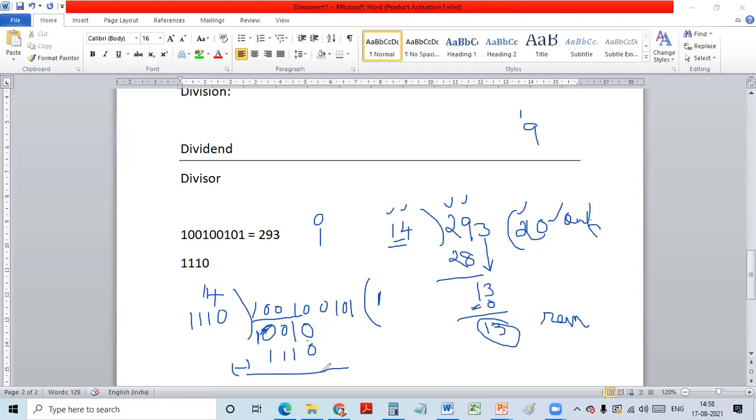Now perform the subtraction. 0 minus 1 we cannot perform, so I have to take a borrow from here. There is no borrow here, so I need to take it from further left. So here I'll be getting 1, and here it is 2. 2 minus 1, 1. 1 minus 1, 0. We got 4 as a partial remainder.